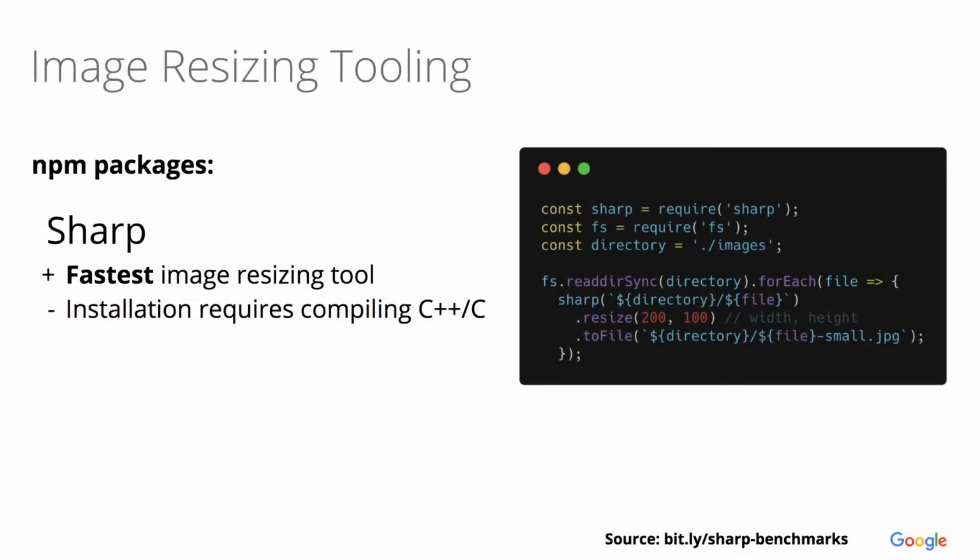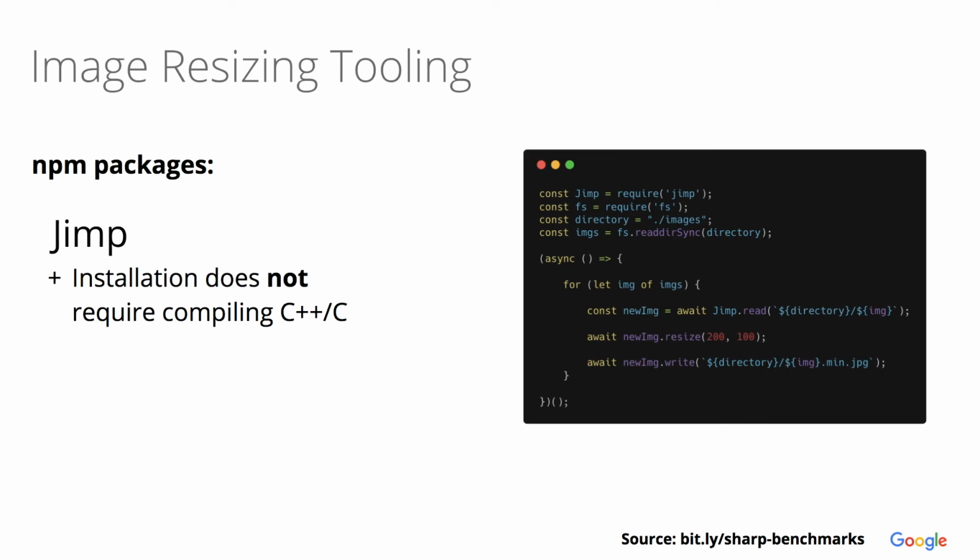To generate different images, you can do that through Node with the Sharp Node package that I use. It's quite handy if you want to resize images. And there is another one called GIMP.